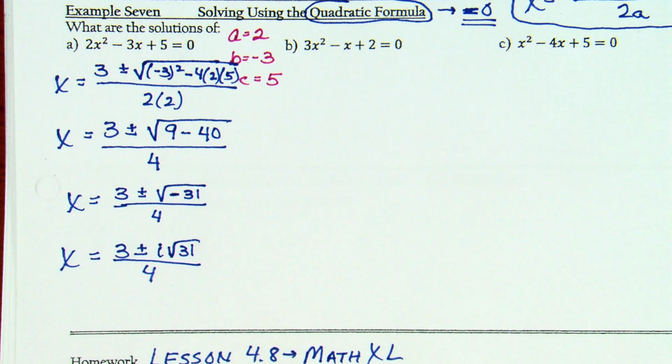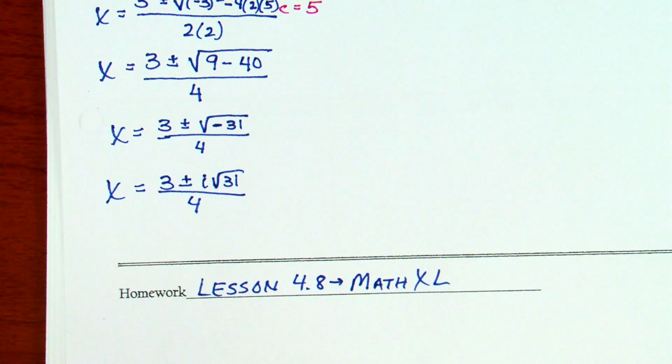What's that essentially mean? This 4 that's in the denominator goes with both pieces in the numerator, right? So the 4 goes with the 3. So 3 over 4, or in other words, 3/4, plus or minus.